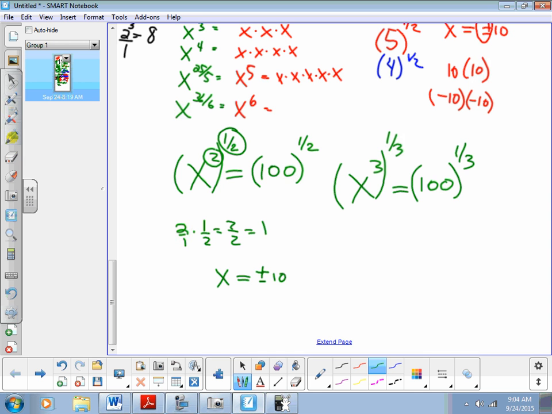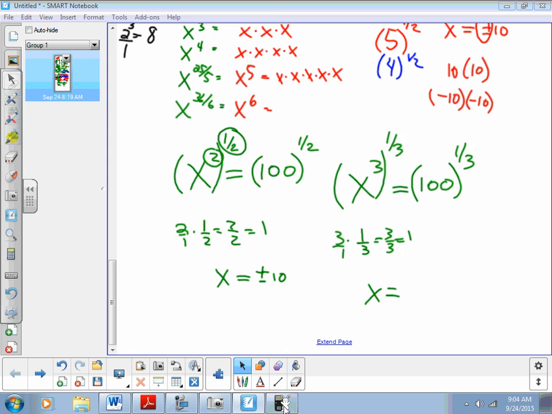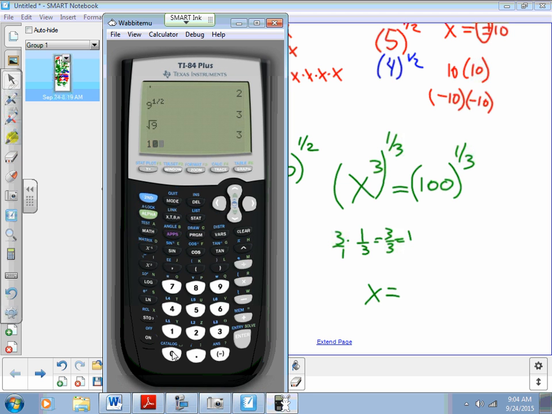What's 3 times 1/3? 3 over 3, which is 1. X is equal to, well, I don't even know what 100 to the 1/3 power is. You can type it in. 100 to the 1/3 power. It's going to be a decimal. 4.64, yeah?